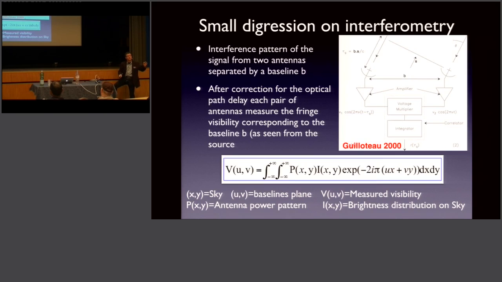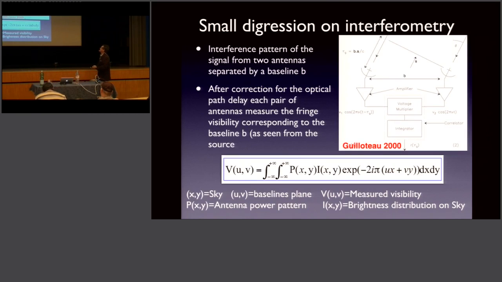Once you correct for all these delays, you are basically observing with the 2 antennas the same wavefront that is coming. And when you observe the same wavefront, you have all done the Young experiment in the early classes of physics. Then you have a fringe pattern, and the spacing and the amplitude of the fringe pattern depends on how well correlated the source on the sky is, whether it's point-like, whether it's extended, and so forth.